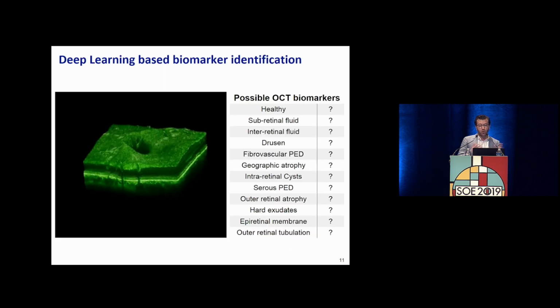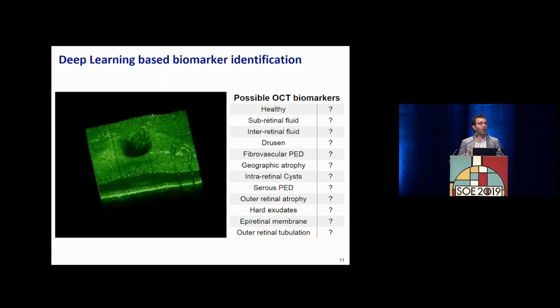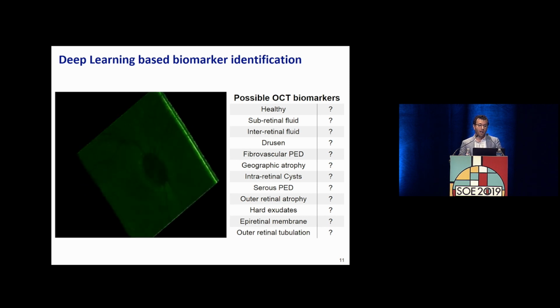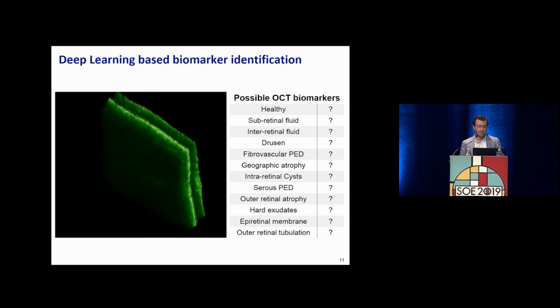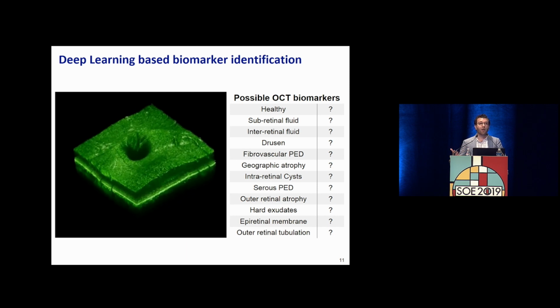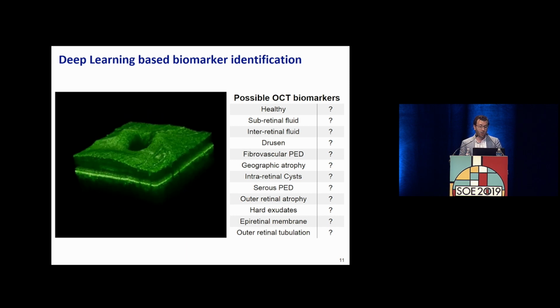So I'm going to focus the rest of today on OCT because there's been a lot of discussion about how AI and OCT can work hand in hand. What I'm going to focus on is how we can automatically produce a set of biomarkers from a given OCT volume.